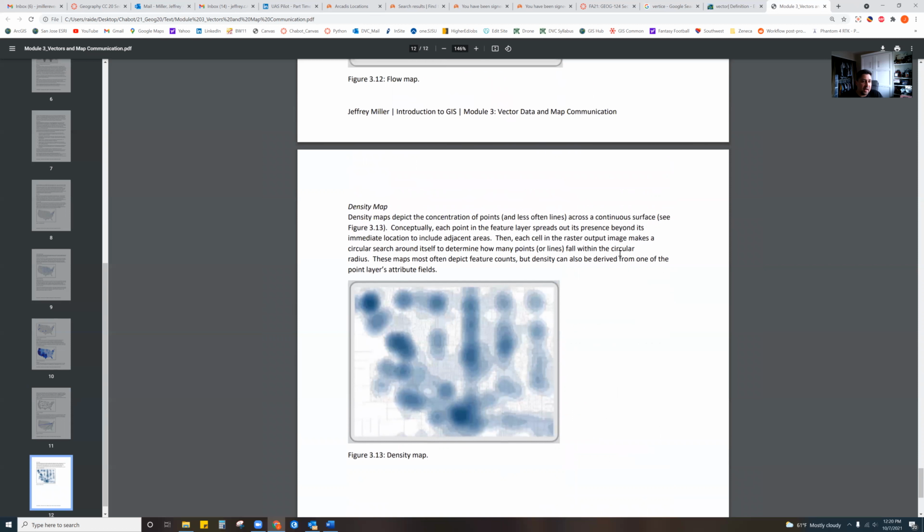And then last, as our example, we have density maps. Density maps are similar to dots, except in this case we're not just using individual dots. Imagine if each dot was its own little container of fluid, and then we smashed it and all that little fluid dripped out like that, right?